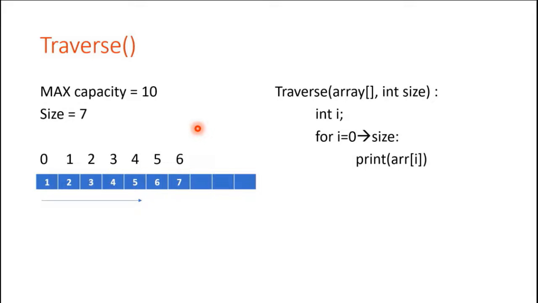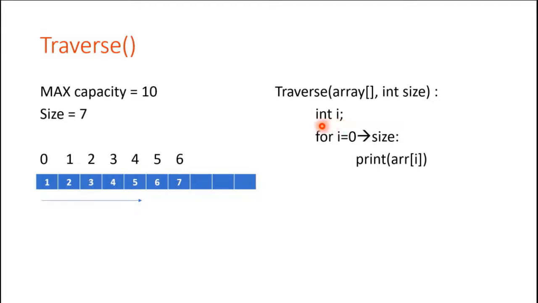We do traversal in every data structure like linked list, queue, tree, graph, everywhere. Traversal is walking on each node at once. We will start from 0 to 6. We have size 7, and we will print all the elements.